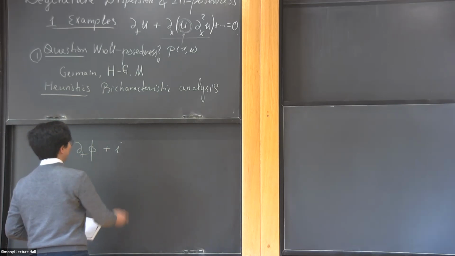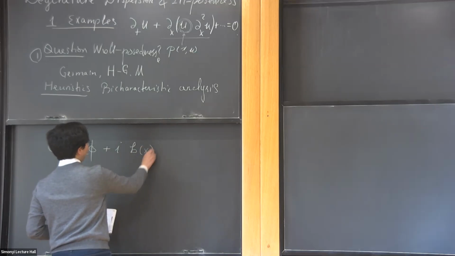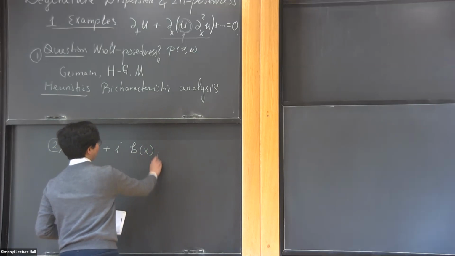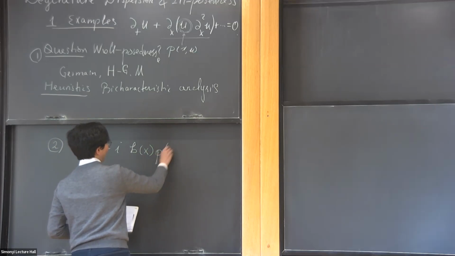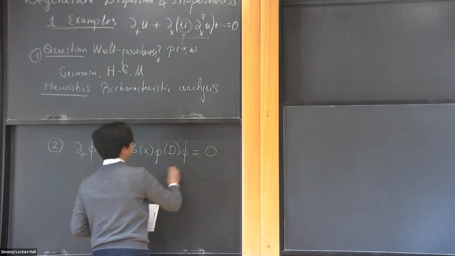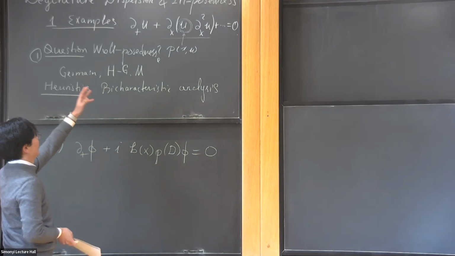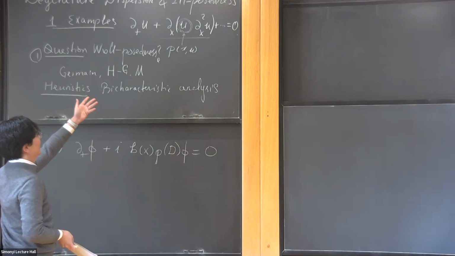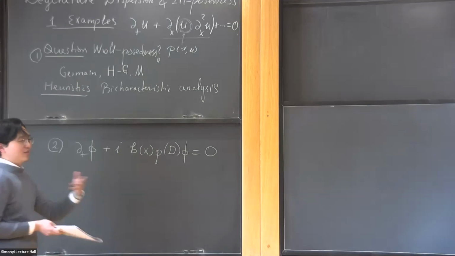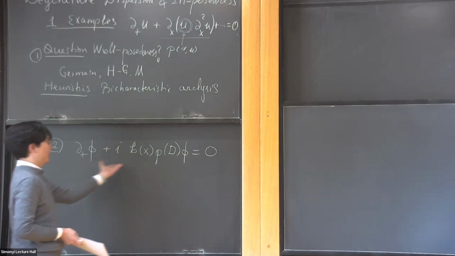Let's say we have i times some real valued function b(x) times dx times some Fourier multiplier p(D) applied to phi is 0. You can have lower order terms, but let's say this is the equation. This equation arises, for instance, when you linearize the quasi-linear problem around some specific solution which crosses 0. This is just a linear problem.